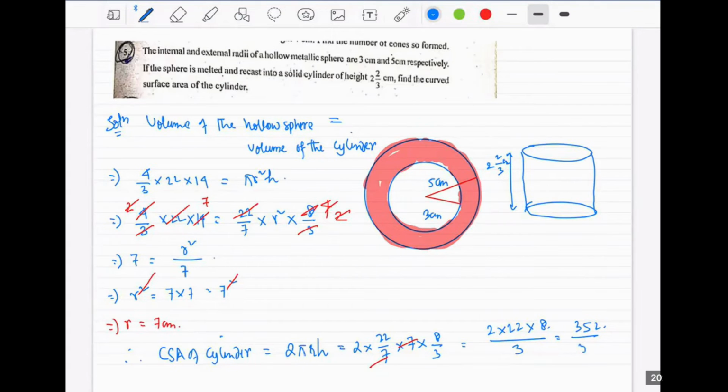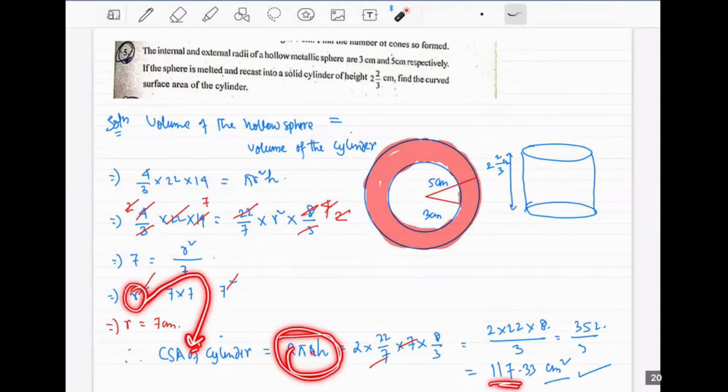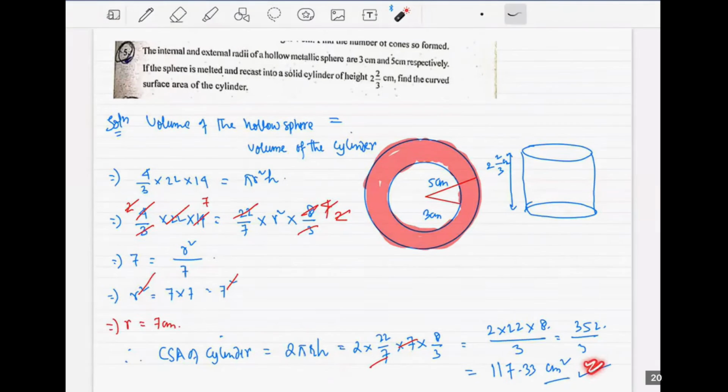I'm supposed to put 3 here. So we have got 3 ones are 3, 3 ones are 3 again, and then 3 sevens are 21. 117.33 centimeters square. Okay, that's it. Our goal was we wanted to find out the value of r first. After we find out the value of r, then curved surface area, we find it out using 2 pi r h. Easy. Okay, copy.